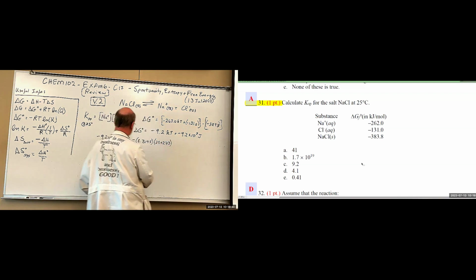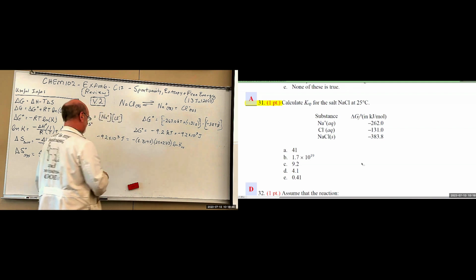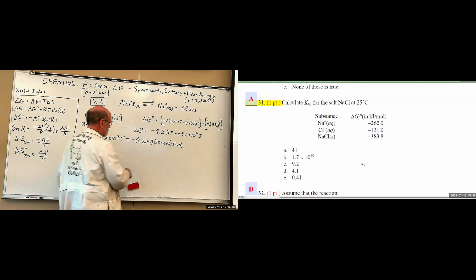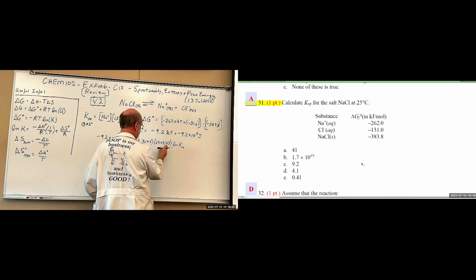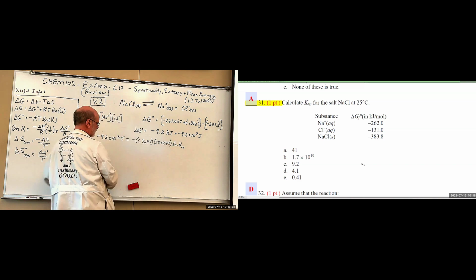Has to be in Kelvin. And then times log KSP. Okay? So these are all multiplied, so we just need to multiply these together, divide them into that.